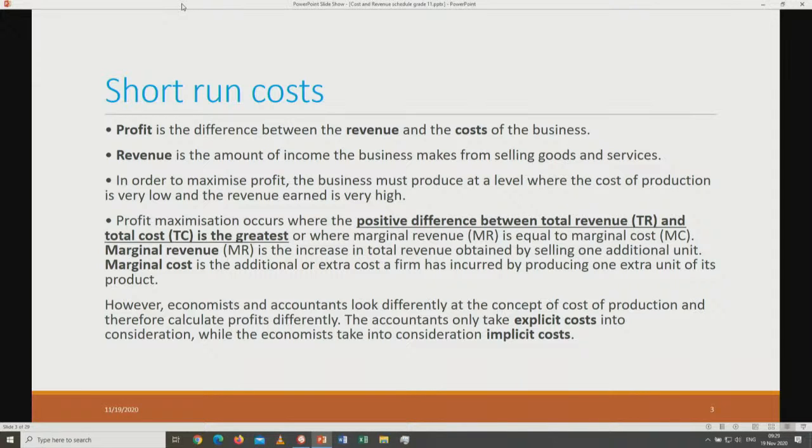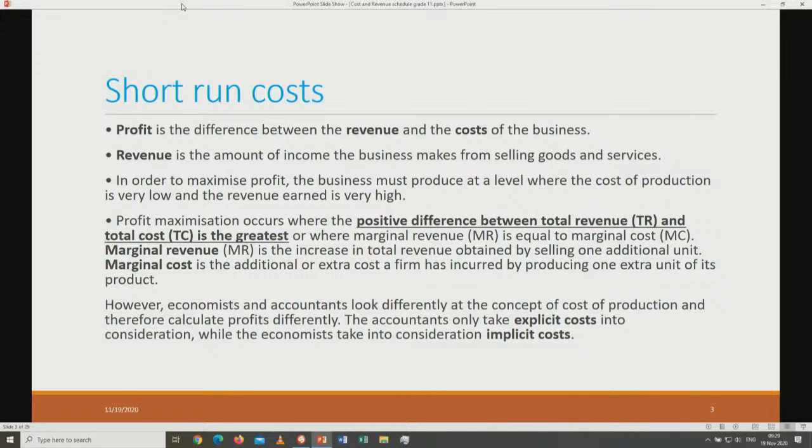Revenue here we say is the amount of income that the business makes from selling its products or its goods or services. So whatever you receive after selling a service, it's referred to as revenue in economics. Now, in order for a business to maximize profit, the business must produce or sell at a level where the cost of production is very low.